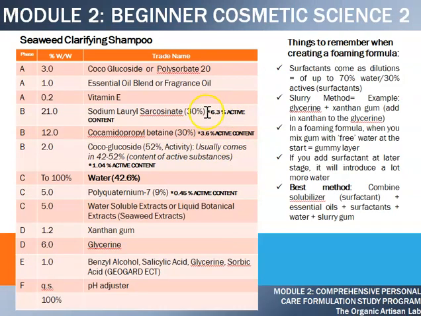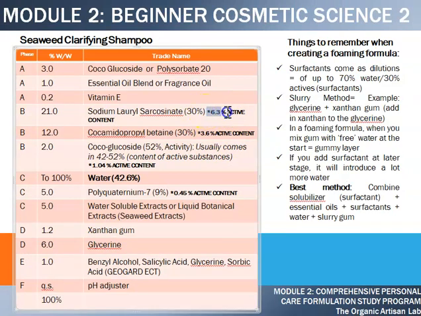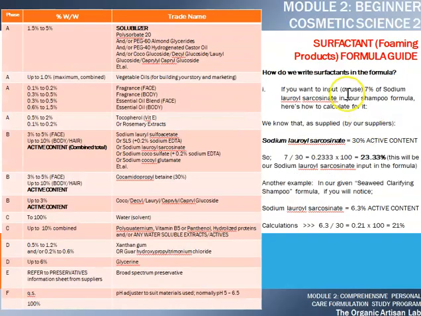Yes, because we use 6.3% active content for our hair shampoo. So with 6.3% active, we're able to get 21% using the formula that I gave you here on how we could calculate for our active content whenever we're given diluted material.